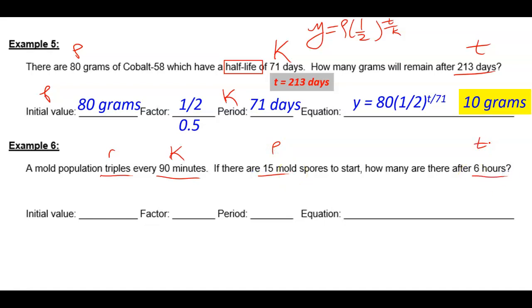So one thing I gotta notice, my period is 90 minutes, but my time is 6 hours. Does everyone know minutes and hours are not the exact same? Can I turn the 6 hours into minutes? How do I turn 6 hours into minutes?